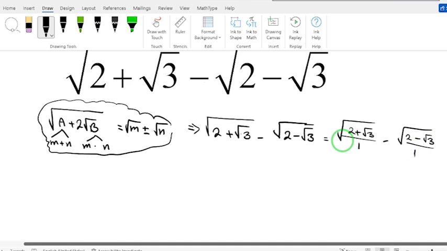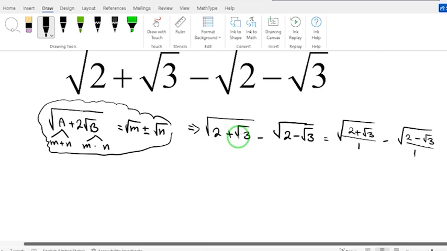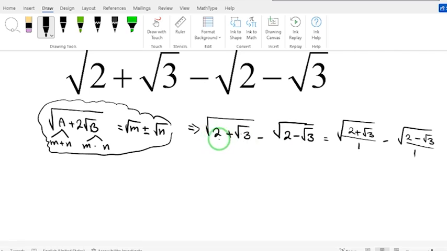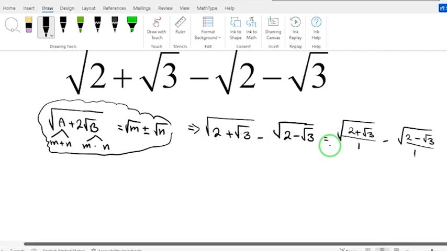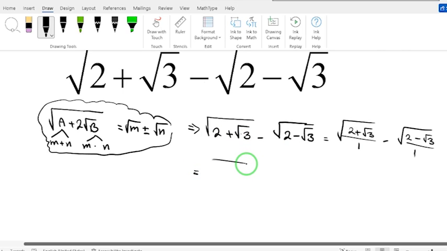As you know, when an expression doesn't have a denominator, the denominator is 1 all the time. So these two expressions don't have a denominator, their denominators are 1. Then we can write the same, 2 plus square root of 3 over 1.